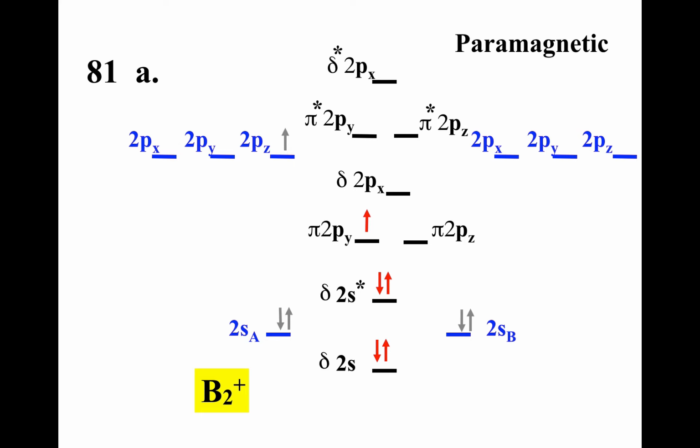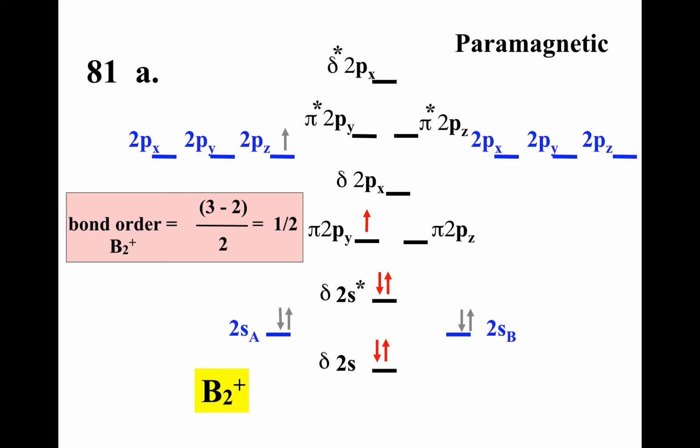So paramagnetic. When I do the bond order for this, I've got 3 electrons in bonding orbitals and 2 electrons in antibonding orbitals. So 3 minus 2 divided by 2 gives me a bond order of a half. All right, so this is a stable molecule. B2 plus is stable.